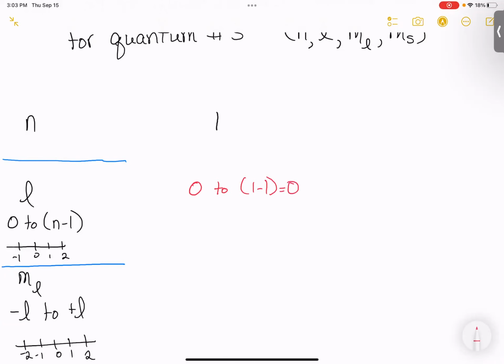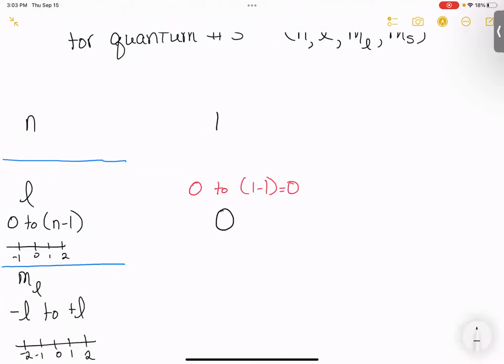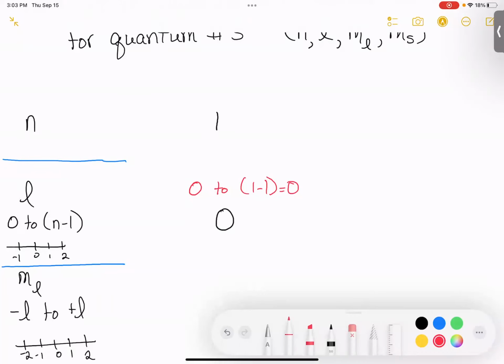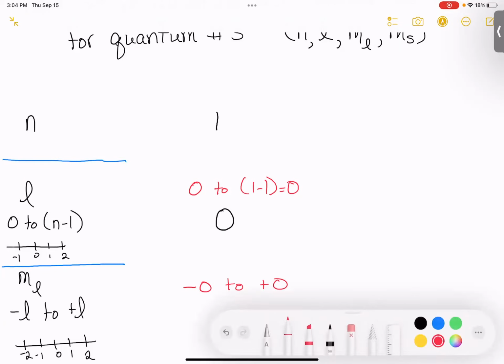So if we're thinking about a number line, our only option here is the number 0. Our M sub L is a negative L to a plus L, so a negative 0 to a plus 0. In other words, again, it is simply 0.